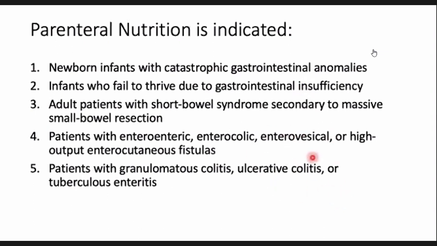Those with fistulas, we want to seal off the fistulas, so we do not give enteral feeding first, especially for those with enteroenteric, enterocolic, enterovesical, enteroatmospheric, high output fistulas. Those with inflammatory bowel disease, with risk of rupture, so we give TPN, especially with those impaired absorption.